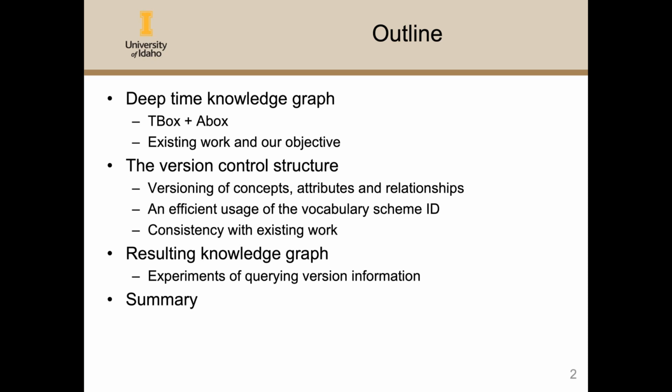The second part is a highlight of our work: how we design the version control structure and how we incorporate the existing ontology and vocabularies, especially those developed by Dr. Sam Cox and his colleagues. The third part, I'm going to show you a few examples when we set up the graph and then build a triple store. How can we query the version information in this knowledge graph?